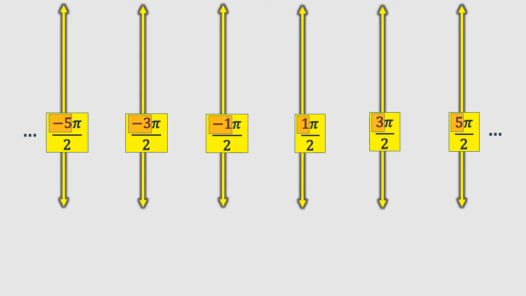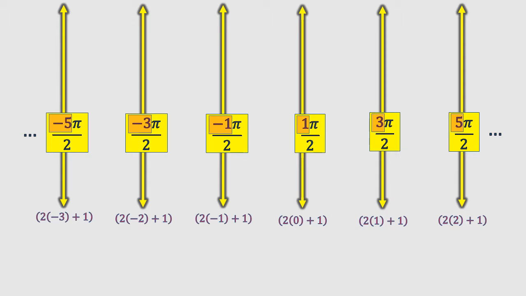Notice that minus 5 can be written as 2 into minus 3 plus 1, minus 3 as 2 into minus 2 plus 1, minus 1 as 2 into minus 1 plus 1, 1 as 2 into 0 plus 1, 3 as 2 into 1 plus 1, 5 as 2 into 2 plus 1, and so on. A family of numbers 2n plus 1 where n is any integer.